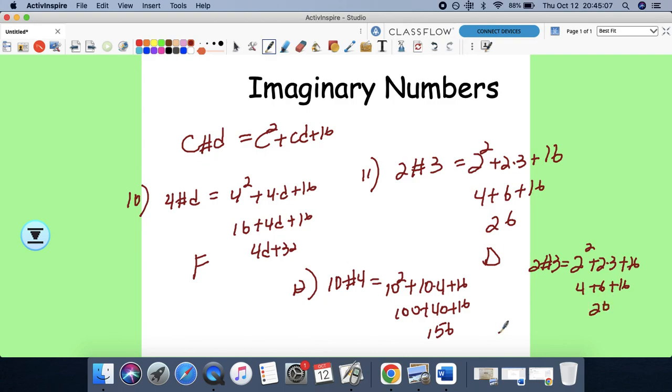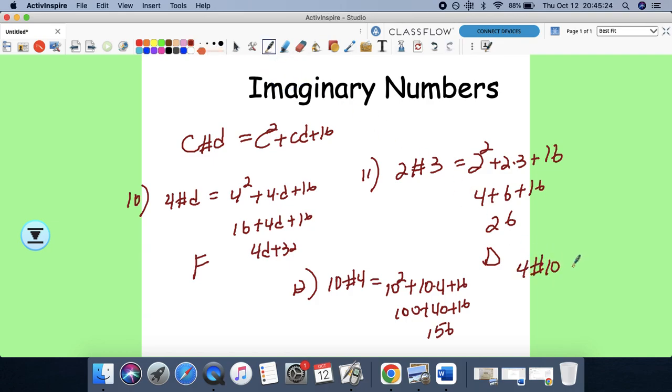Now we have to subtract 156 minus 26, which gives us, what did I just do? Sorry, I just messed up question 11 and 12. So the second half of 12 is not 10 pound 4, it's 4 pound 10.